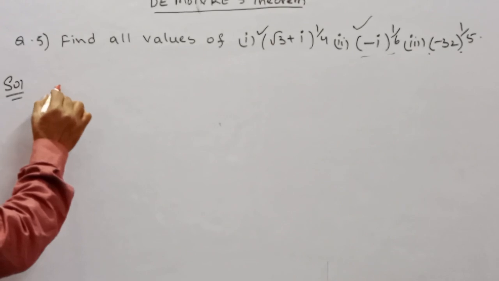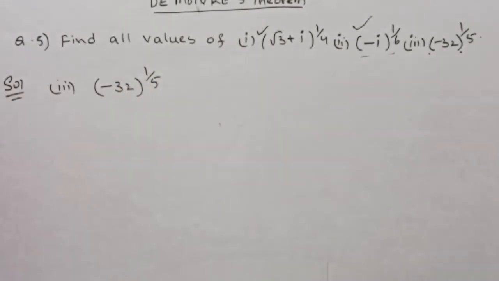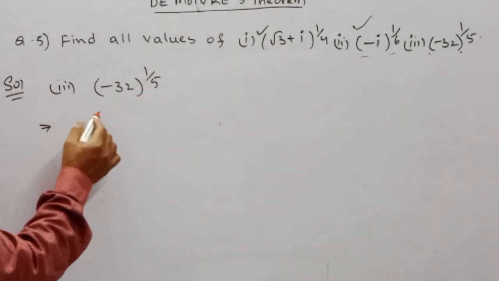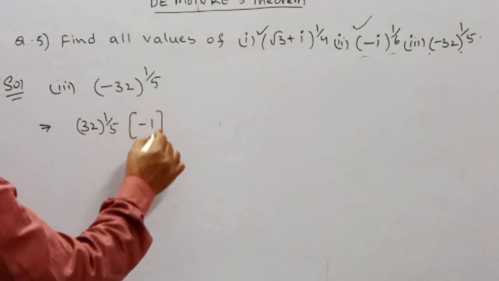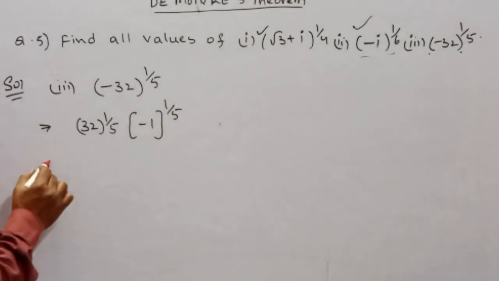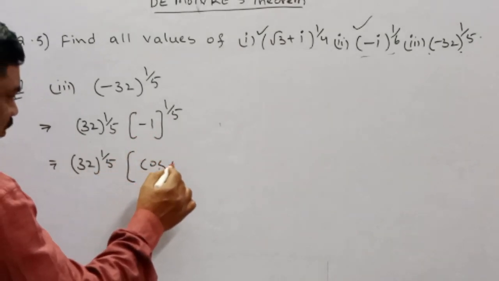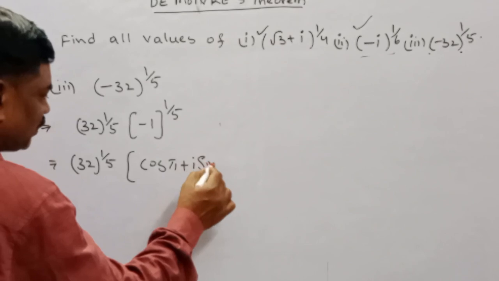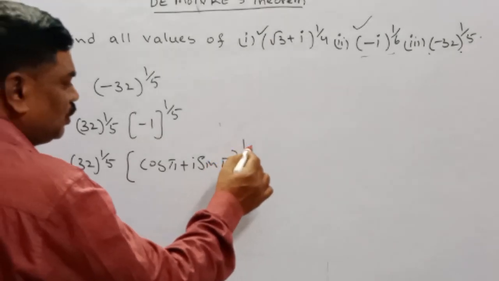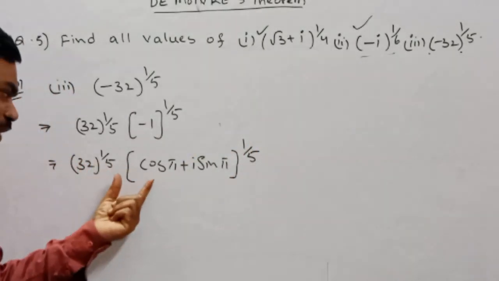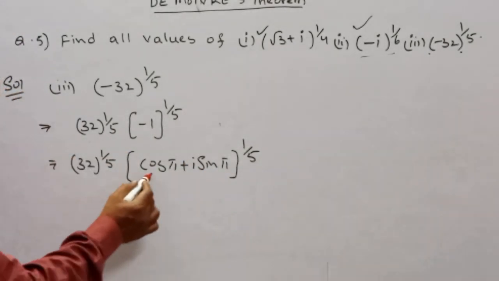This can be written as 32^(1/5) (−1)^(1/5), that is 32^(1/5) (cos π + i sin π)^(1/5). The value of cos π is −1 and sin π is 0, so this is −1.